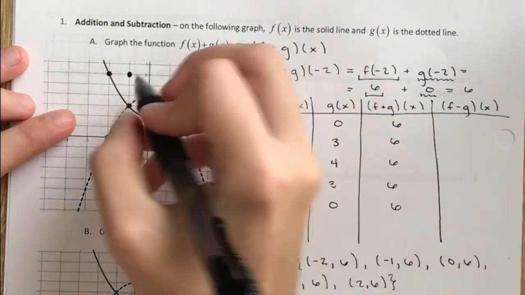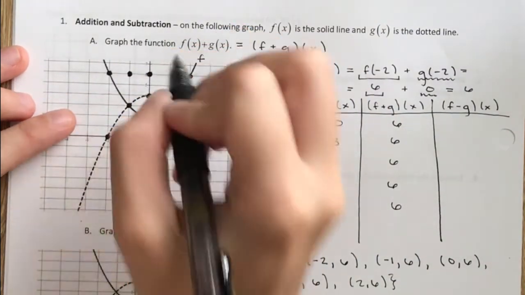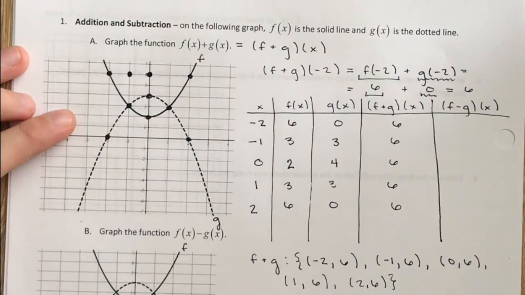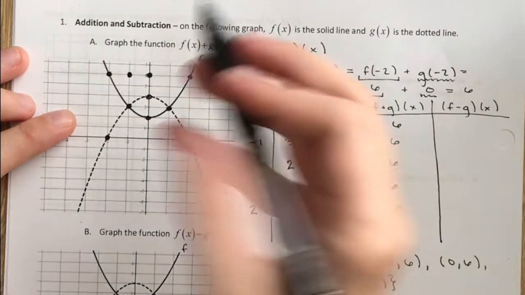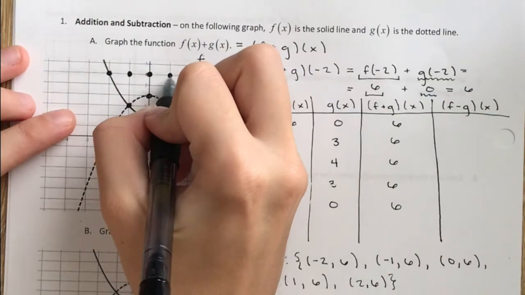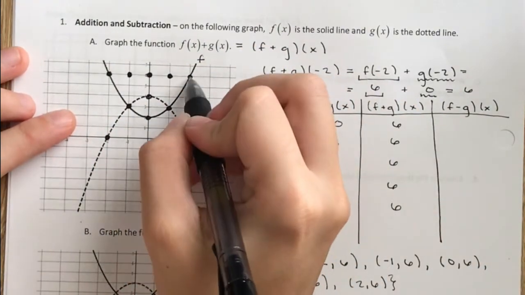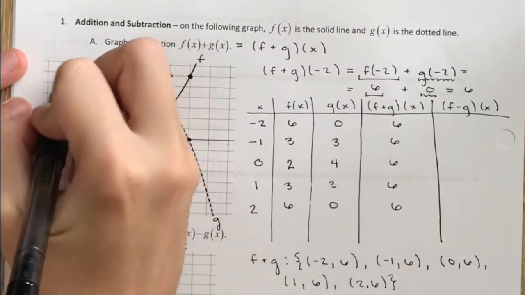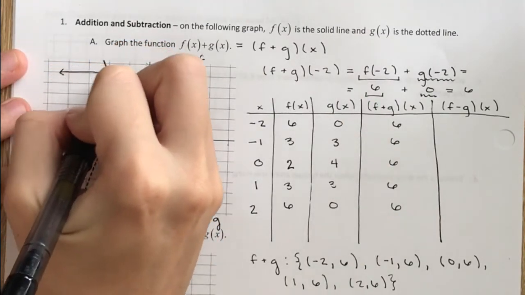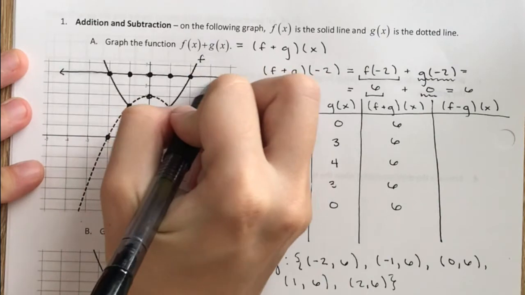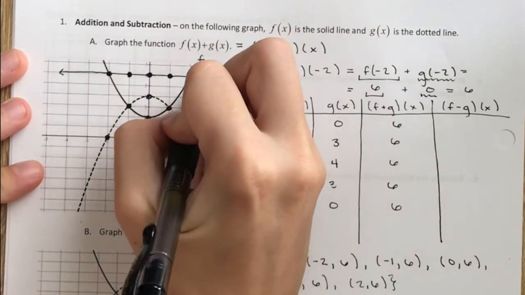Next point is 0, 6. Next point is +1, 6. And the last point is +2, 6. So looks like our graph of f plus g is going to look like this.